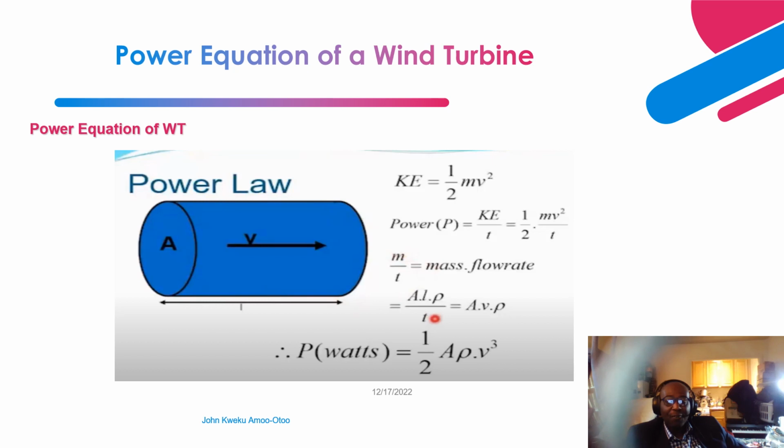So we have A v times rho, which is density. We can put this back into the equation, and this is the final equation that we have: half times the swept area, times the density of the wind, times the velocity of the wind cubed. So this is the power of the harvested wind, based on the transformation of energy from kinetic energy all the way to electric energy.